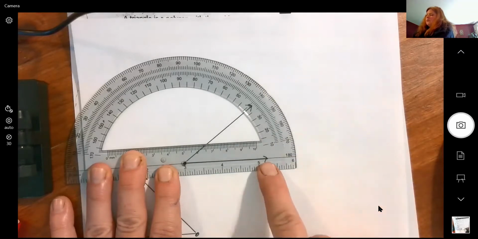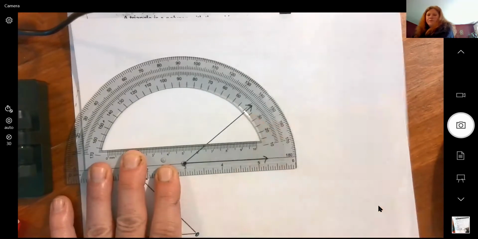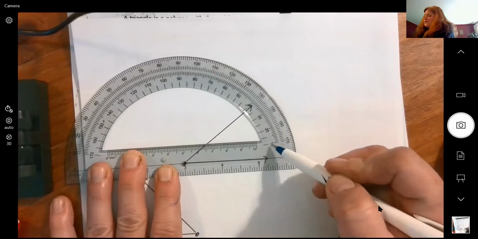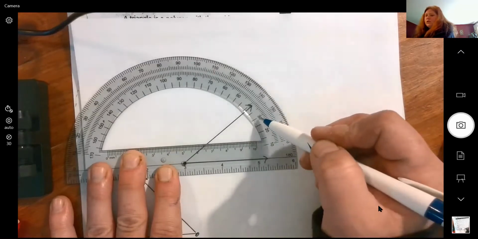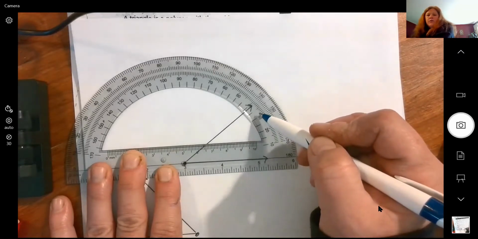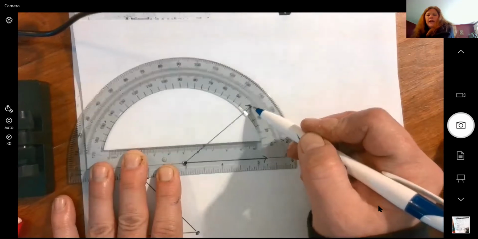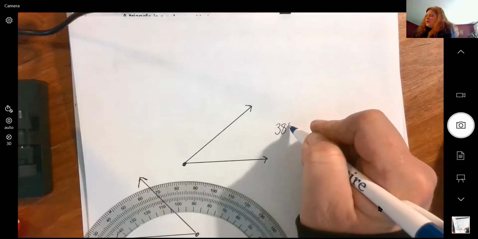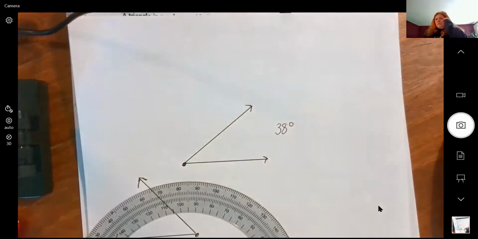I get to use the numbers that start with 0. All right. So each one of these little lines is like 1. So 10, 20, 30, and 1, 2, 3, 4, 5, 6, 7, 38. 38, and then we write degrees.